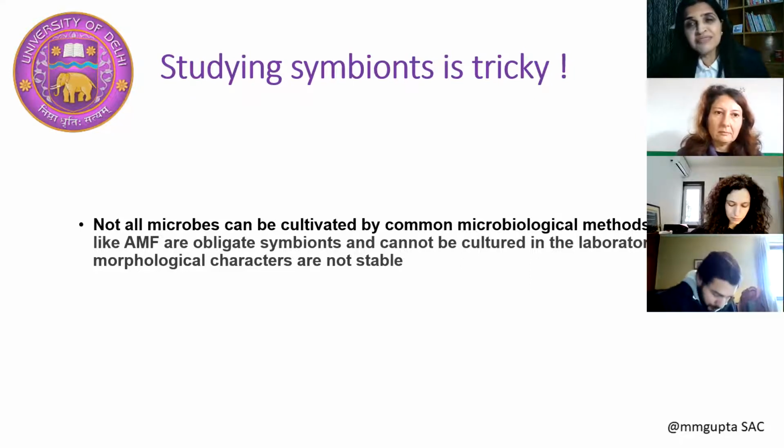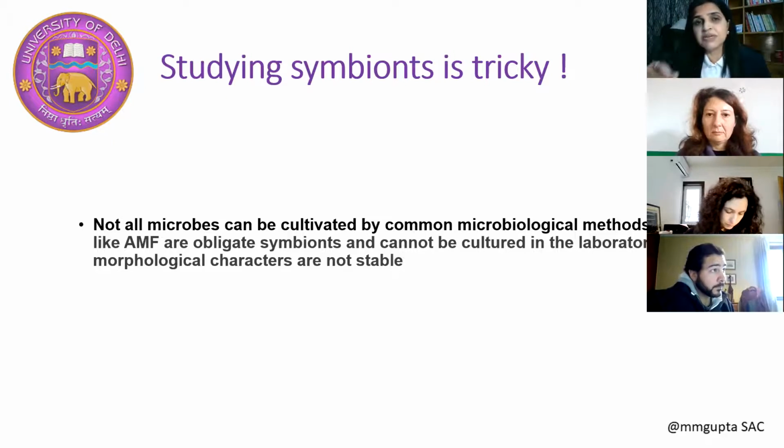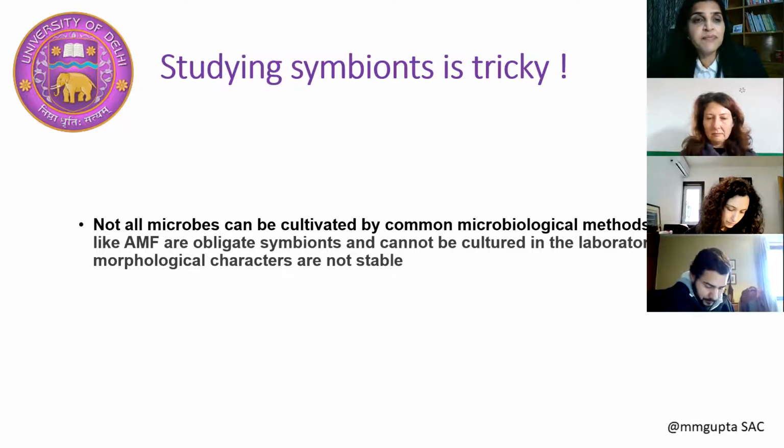And if we try to identify them by routine methods, their morphological characters are not stable, so we cannot identify them that way. We need to go to molecular methods, which have some stability, but we need to develop more methods so that identification is much easier.